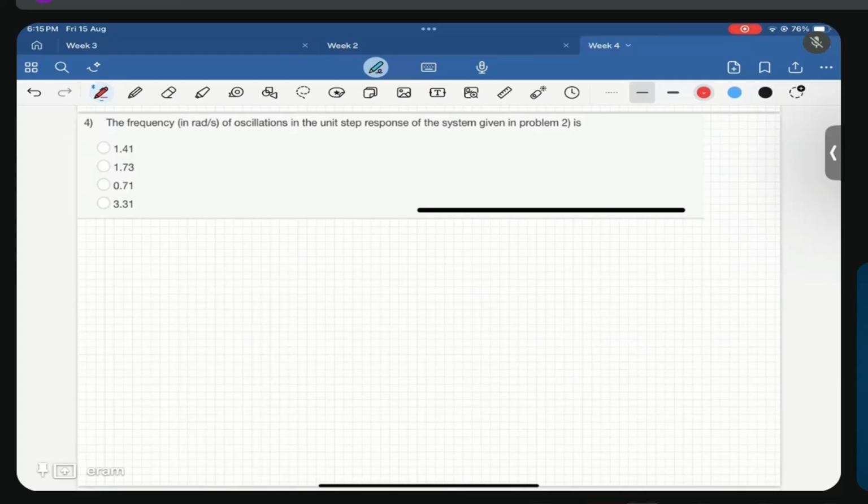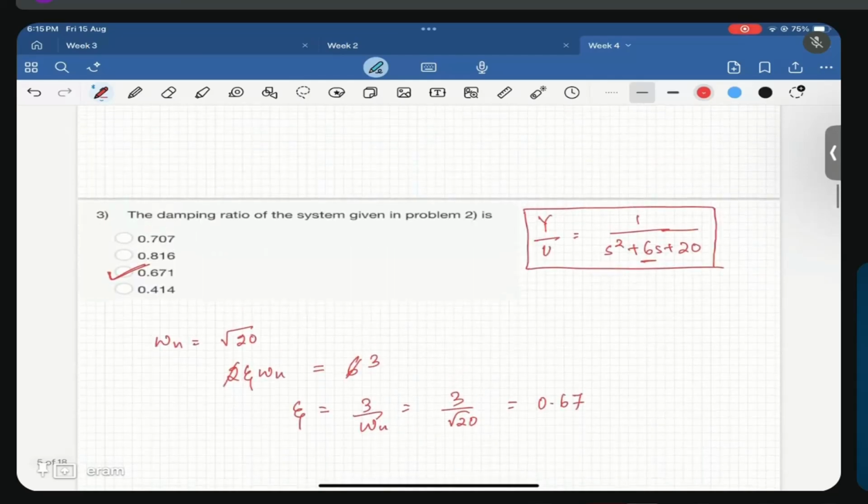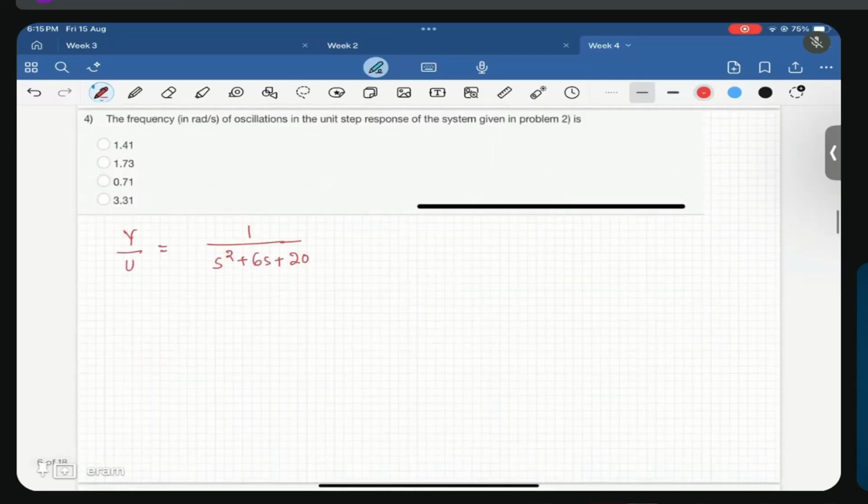Okay, so here the transfer function is, okay, this is your system. Identify the frequency of oscillations.